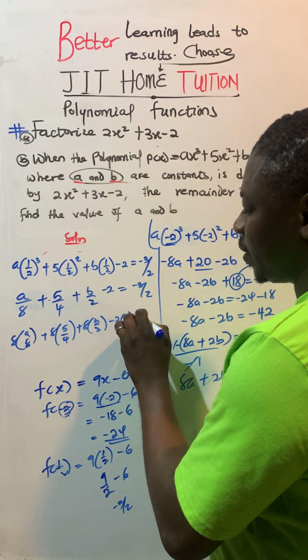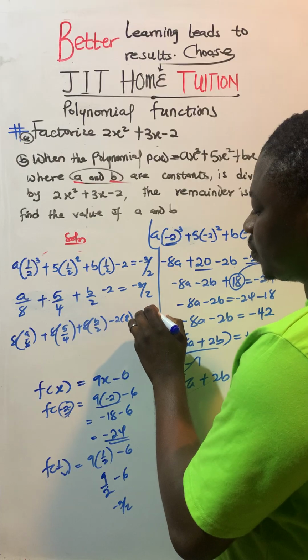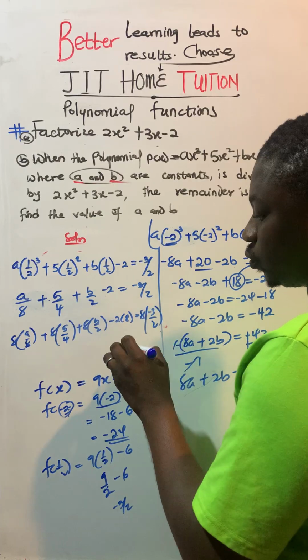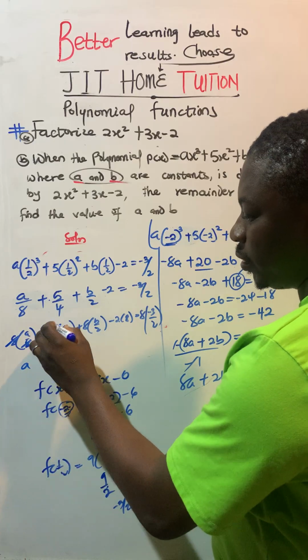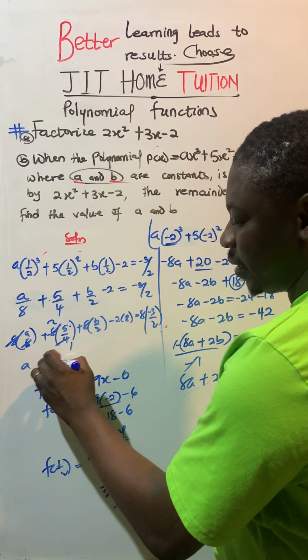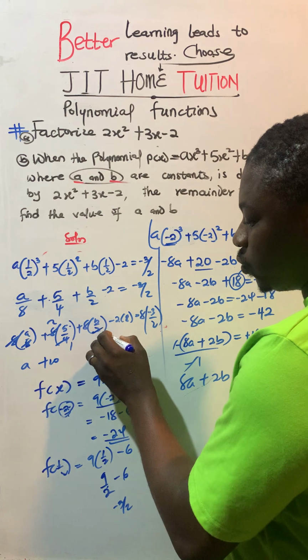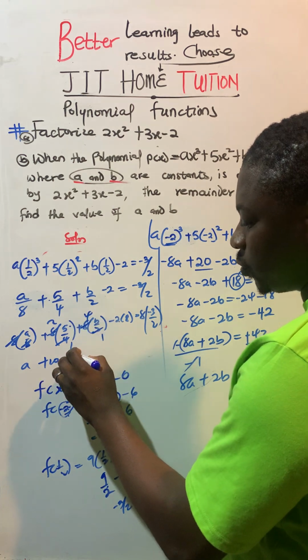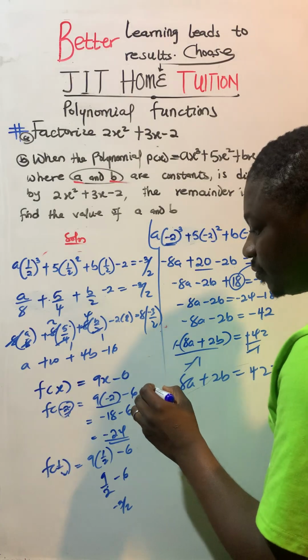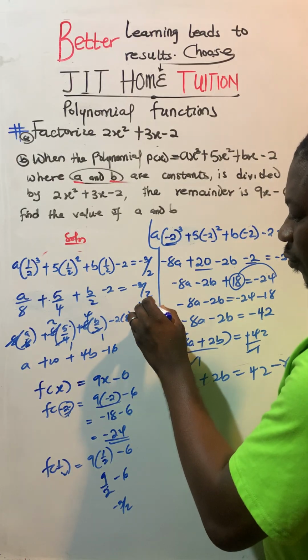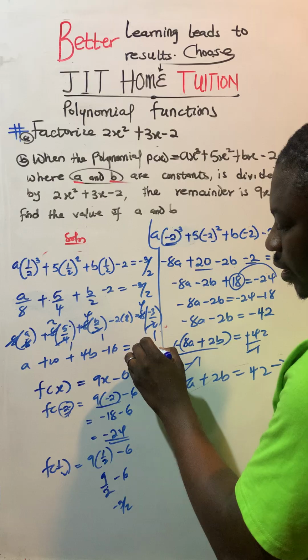Then the 8 to multiply this one. You have 8 multiplying -3 on 2. This one will cancel, giving you a. Here 1, here 2. 2 times this, that is 10. Alright, 2 goes here, 1 here, you have 4. So that will give you 4b. And this one will give you 16. 2 here, 1 here, 4. Multiply, that will give you 12.